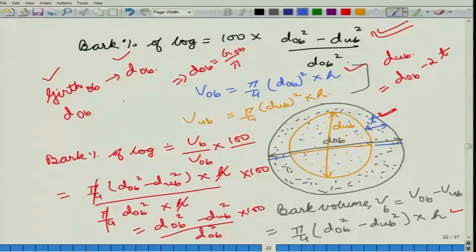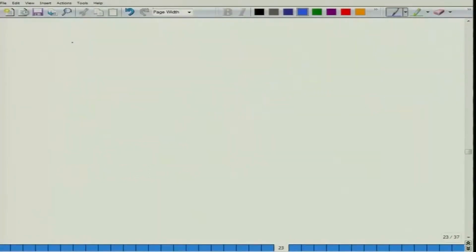So, the diameter under bark plus twice the thickness becomes the diameter over bark. So, if we wanted diameter under bark, we would get it from this equation. So, now it is easy to measure this, and if we were able to measure this T, we would be able to get the diameter under bark. So, how do we measure this thickness T?